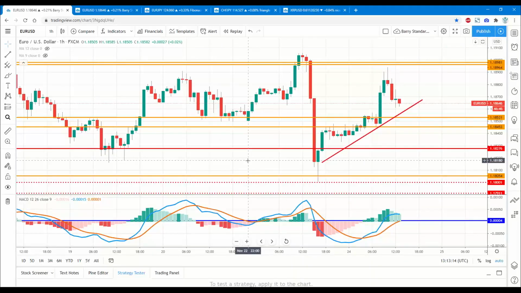Now, what we're looking at is once again my teaching chart, and it's the euro US dollar 1 hour chart. This chart is not here because I'm recommending anything on the euro. I use this chart for every class.